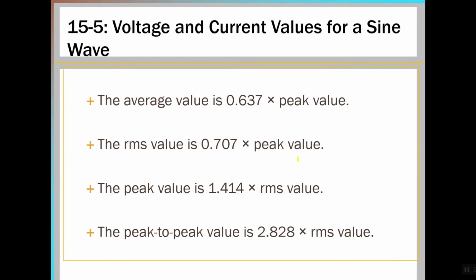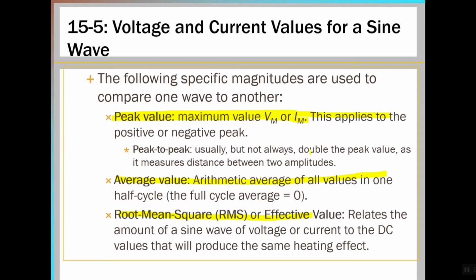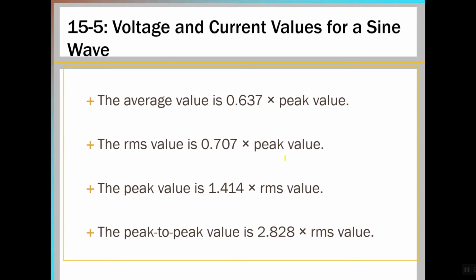Now, we've already assigned values that the average value is 0.63 of peak and RMS is 0.707 of the peak. Now, you can learn these, but I wouldn't worry about it because you can get it back. Peak is generally half.